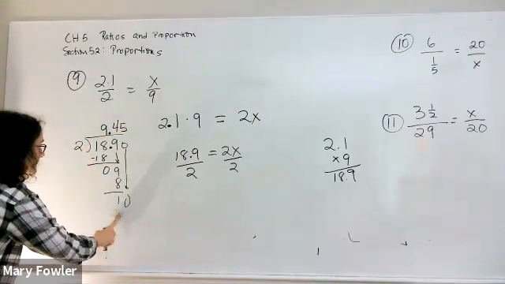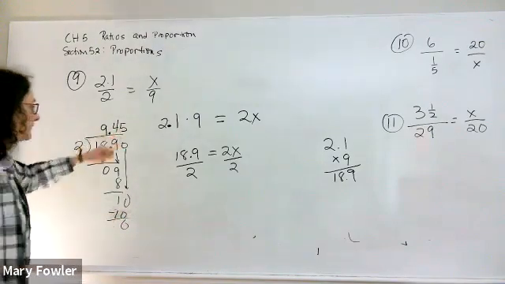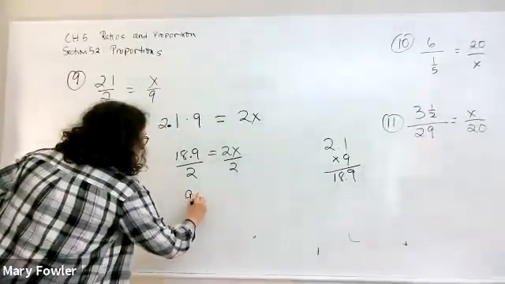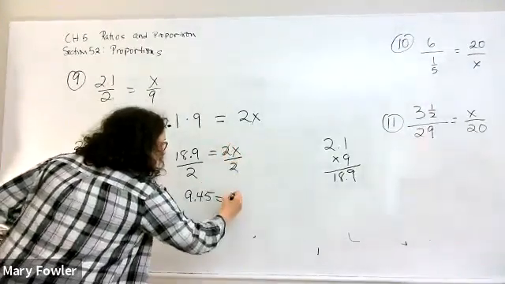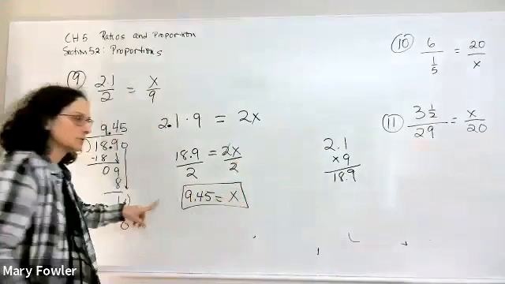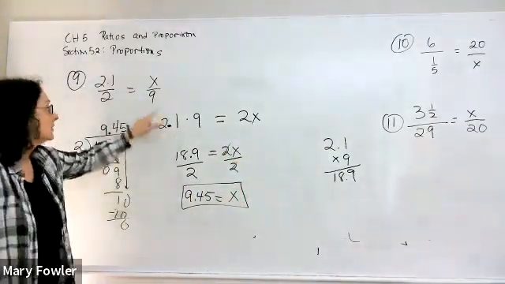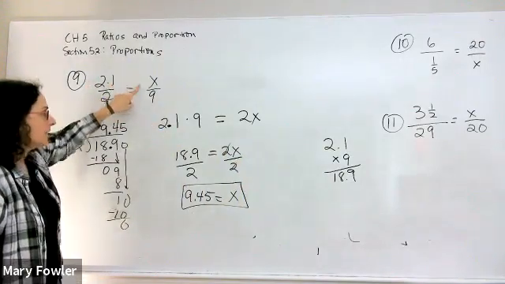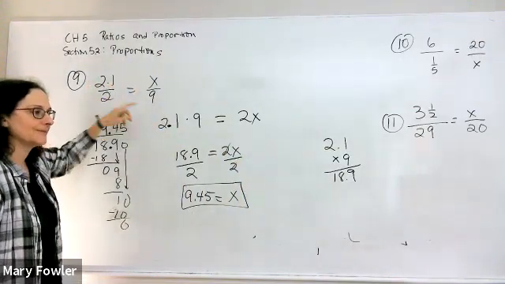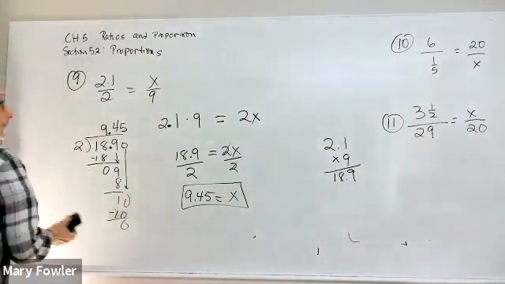Oops. Okay. So the left-hand side is 9.45, and the right-hand side is x. So there's our ratio. There's our value. 2.1 over x is equal to 9.45 over 9. All right, we're going to go to the next problem.